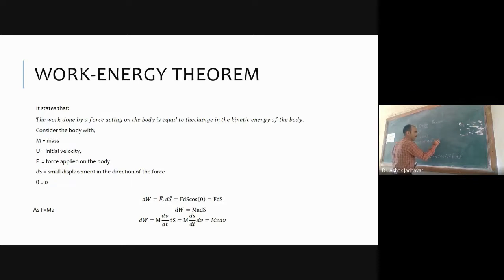Use a is equals to dv by dt. So I can write down dW is equals to m a, and a is dv by dt, and ds is there. I am going to change the position of ds and dv. So I can write it as m ds by dt into dv, as per the velocity definition.